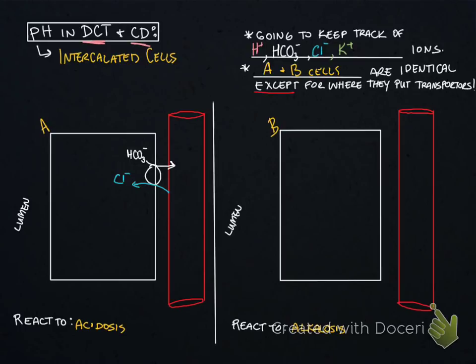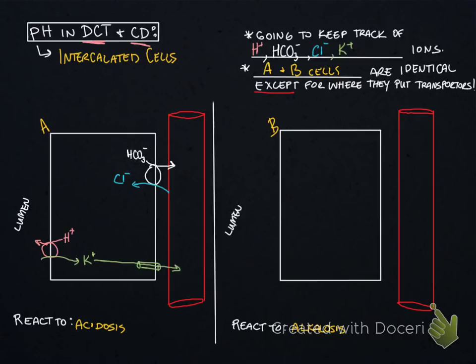There's another transporter on the other end that pulls the hydrogen out and puts it where? Into the lumen, because we want it out of the blood, right? In exchange for potassium, right? But we can't leave the potassium in the cell. It ends up in the blood through its open channel.